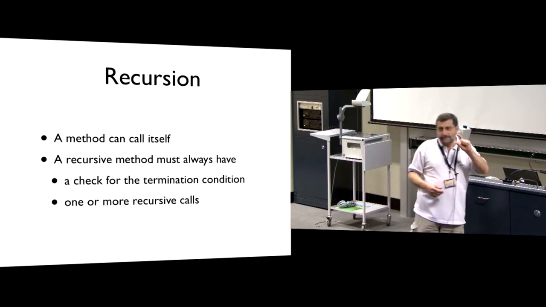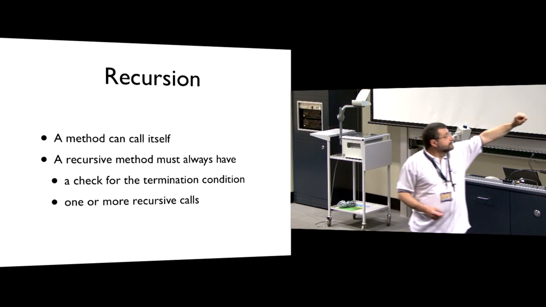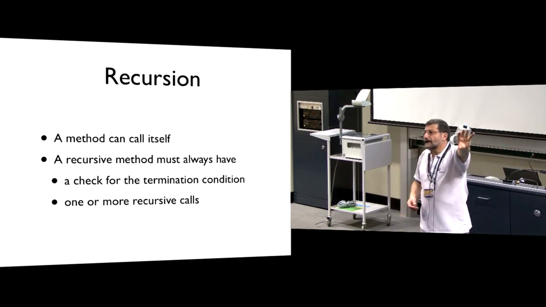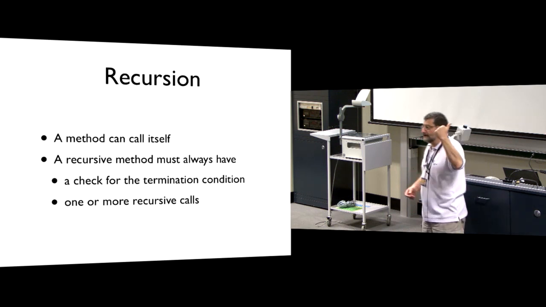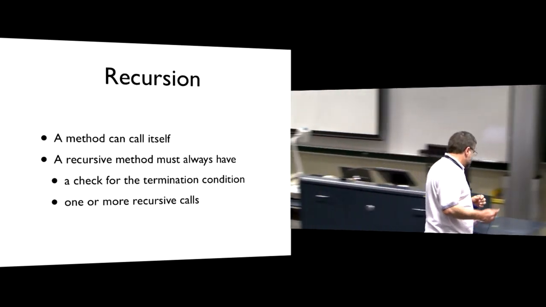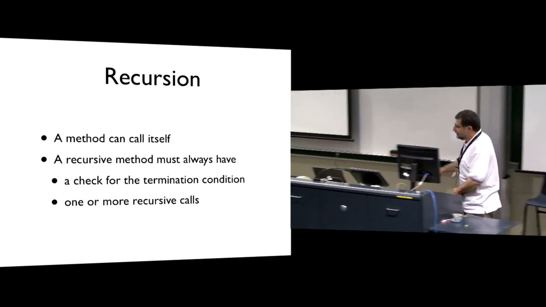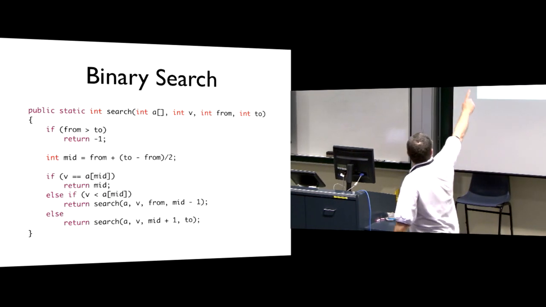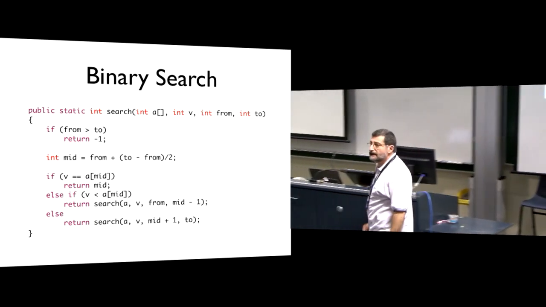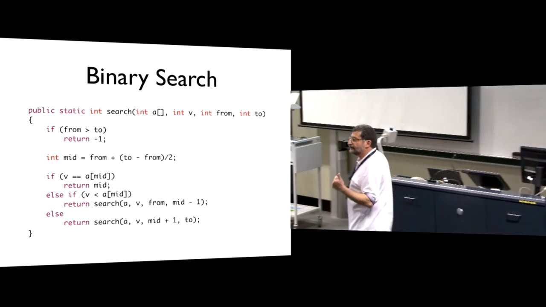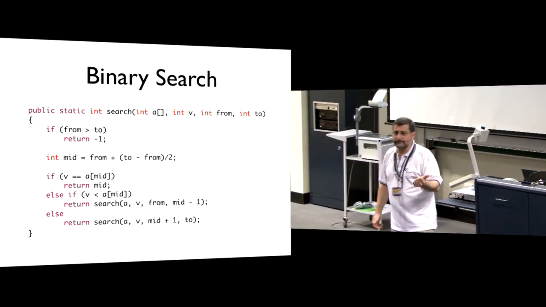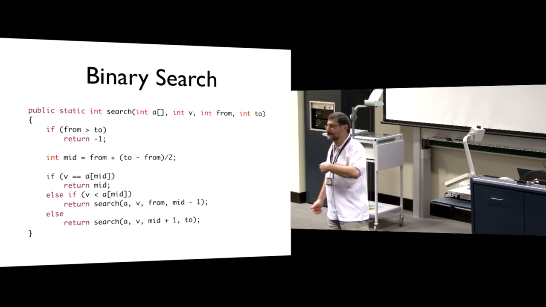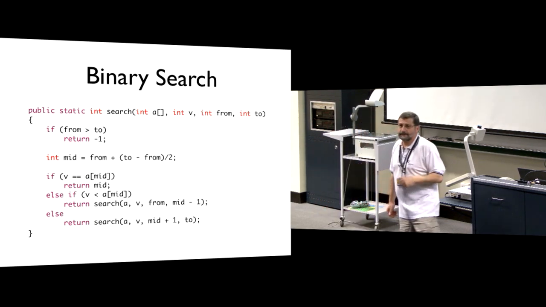So the two elements you must have are, first, a check for when it terminates, and the second part is the recursive part. In our code here, the first two conditions are: one terminates if you can't find the element, the other terminates if you have found it, and the other two are the recursive bits that say keep looking, right?